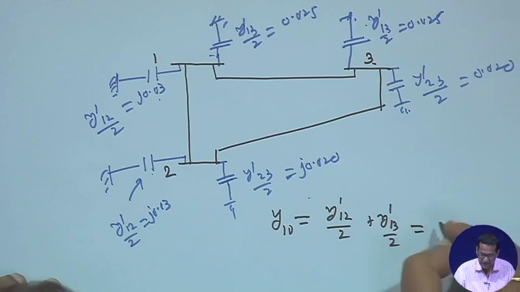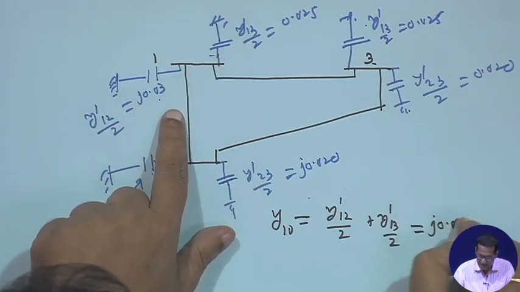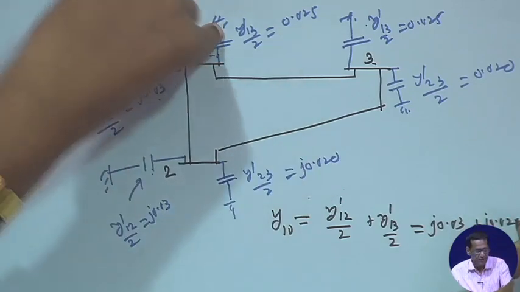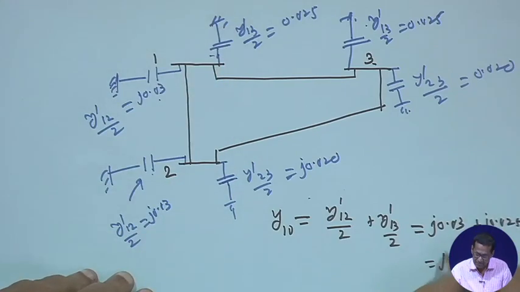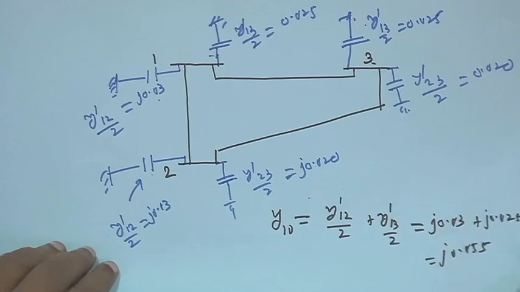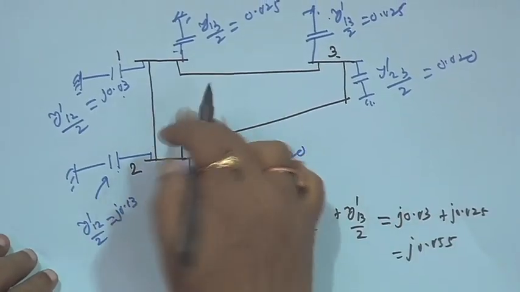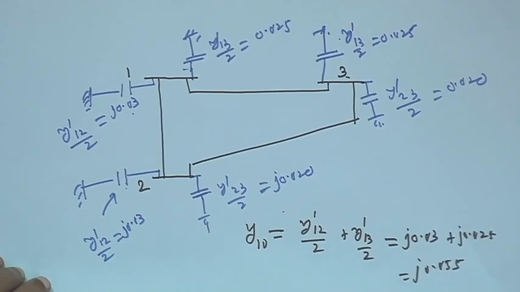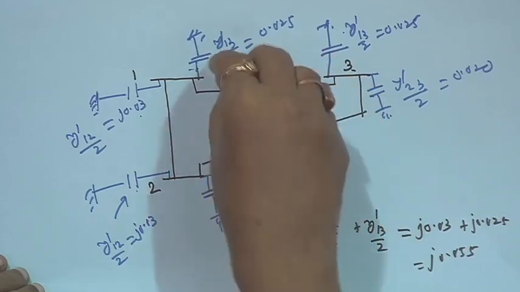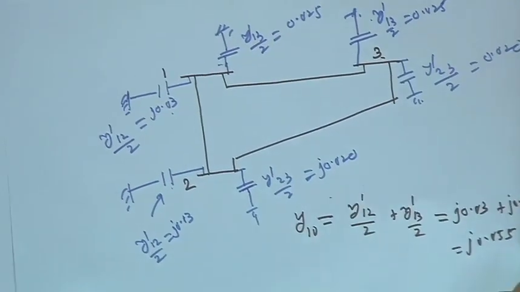This is actually j0.03 plus j0.025, which you have to add, and that will become j0.055. So these two things you have to add. This way you have to consider the charging admittance. All the lines you have to consider half half, y dash by 2, and then you sum it all up, because they are charging admittances.